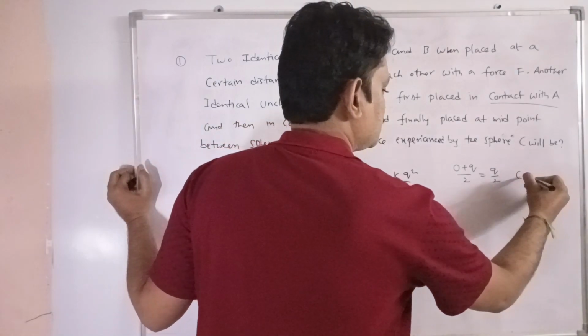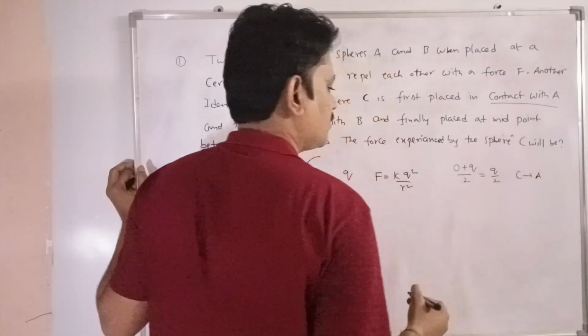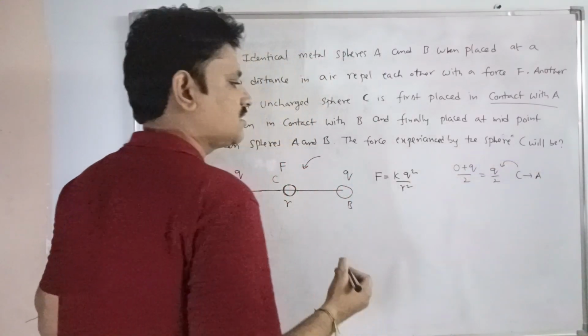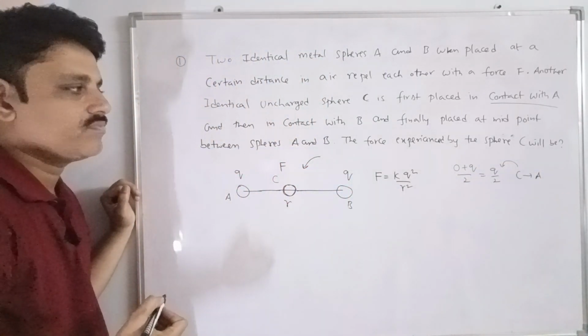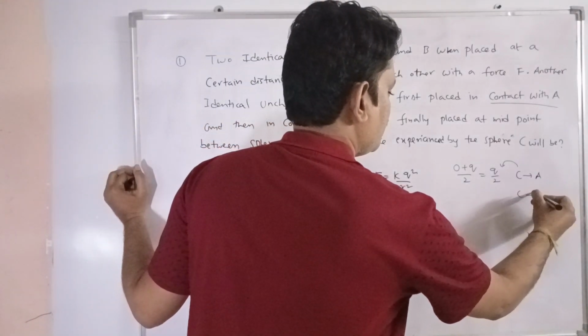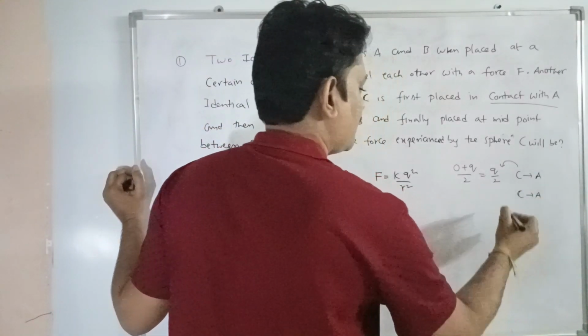So when C is in contact with A, the charge on C is Q by 2, and of course the charge on A is also Q by 2. And next, if C is in contact with B immediately, then what happened?